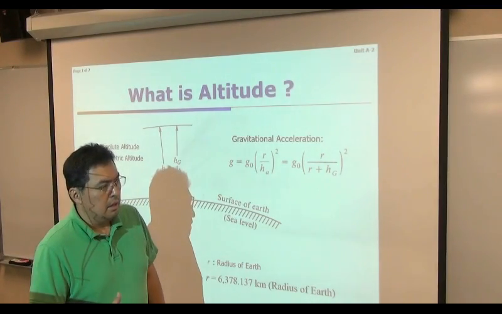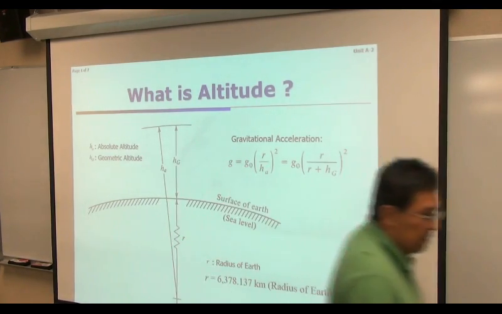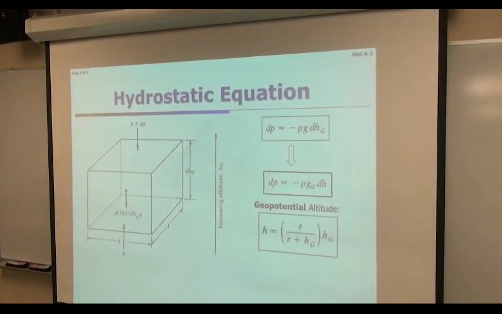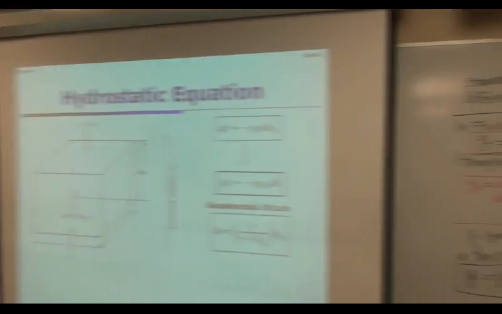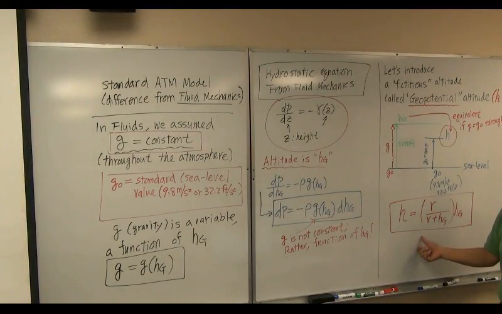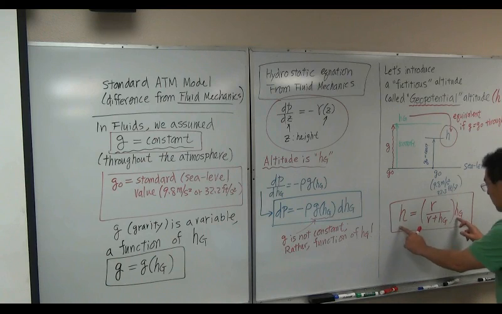I gave you a handout to derive this equation. That handout derives this equation all the way from the definition of gravity as a function of hg. So please take a look at it and understand why this relationship is true.